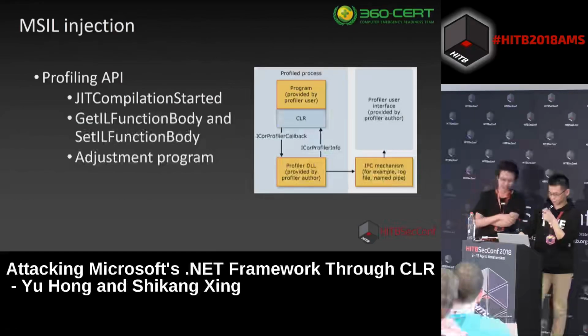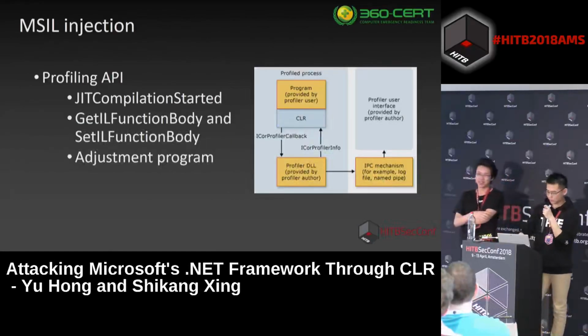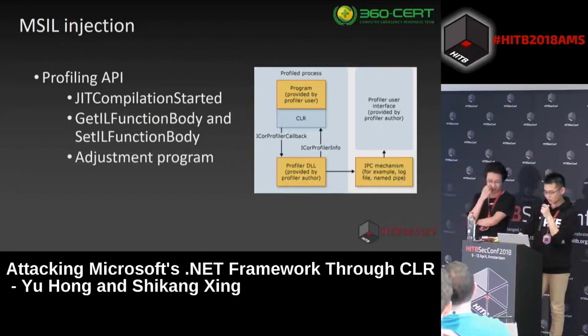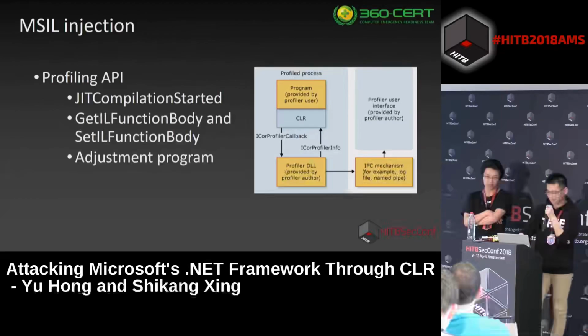Okay. And the last plan we find is where we write the status. When there are lots of classes and executions, it can be intercepted by the profiling API and modify our code before JIT compiling.